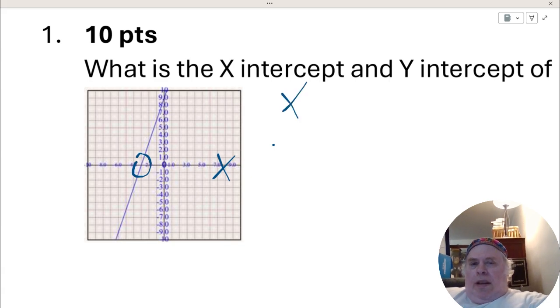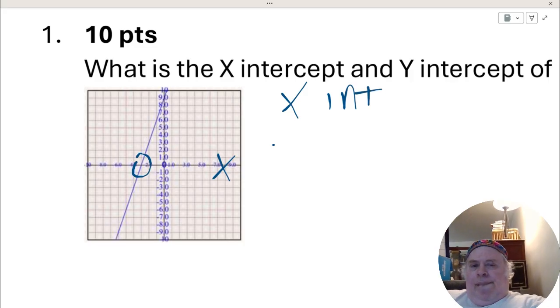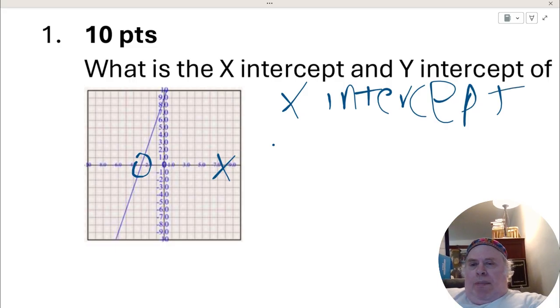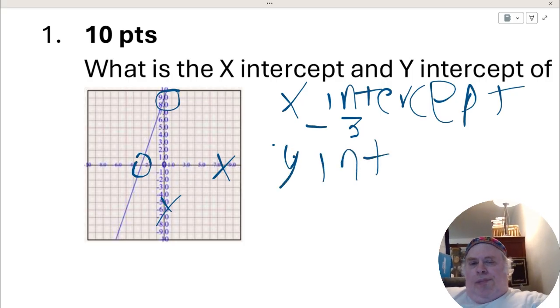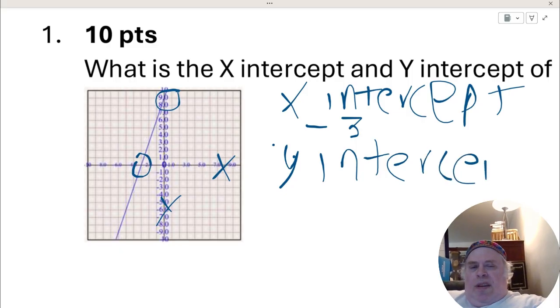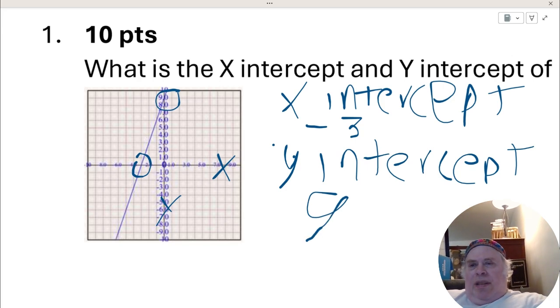So the x-intercept will be -3. Now the y-intercept is where it hits the y-axis, right here at 9. So the y-intercept is 9. If that looks easy, that's because it's the lowest point question, 10 points.